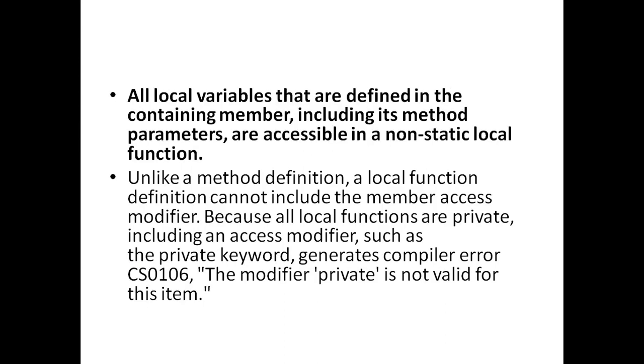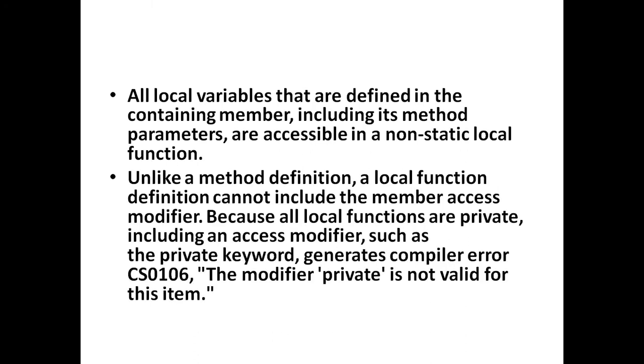All local variables that are defined in the containing member, including its method parameters, are accessible in a non-static local function. Unlike a method definition, a local function definition cannot include the member access modifier. Because all the local functions are private, including an access modifier such as the private keyword generates a compiler error.